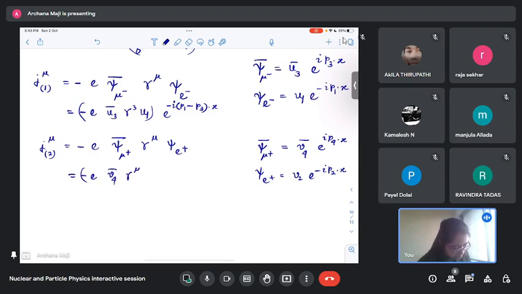v4 bar gamma mu v2 exponential of minus i (p2 minus p4) dot x.